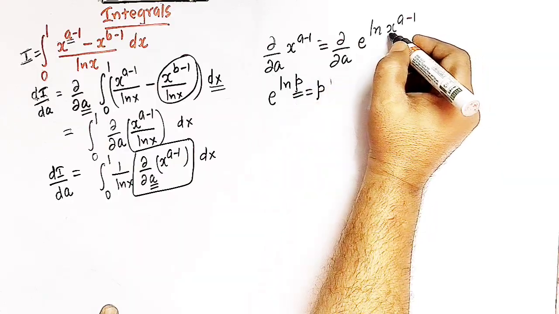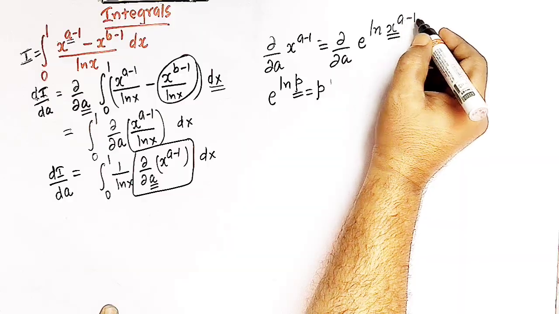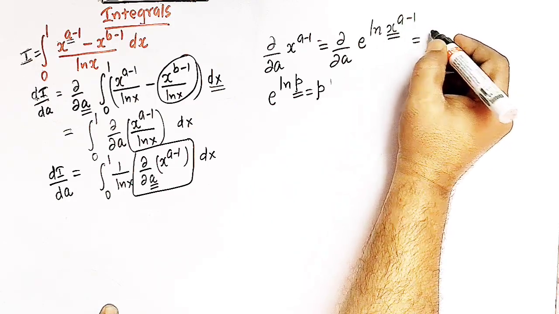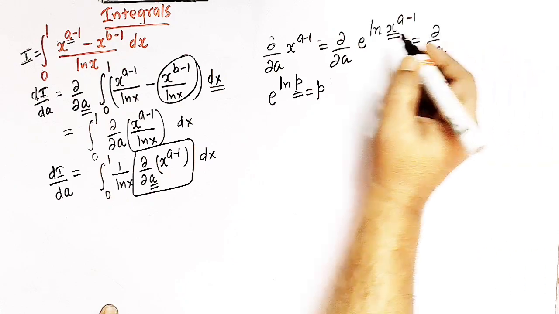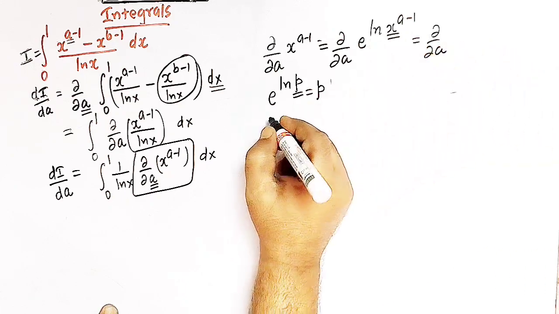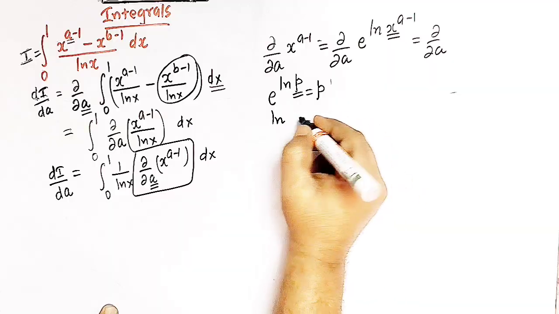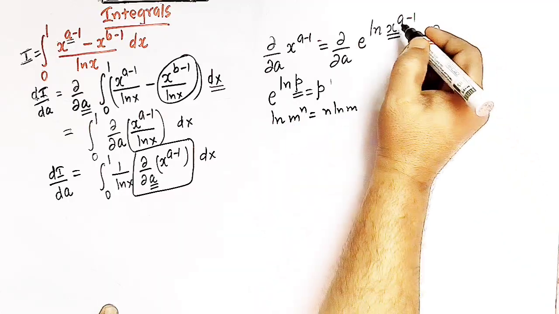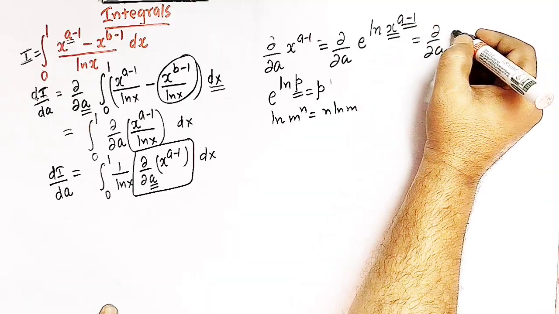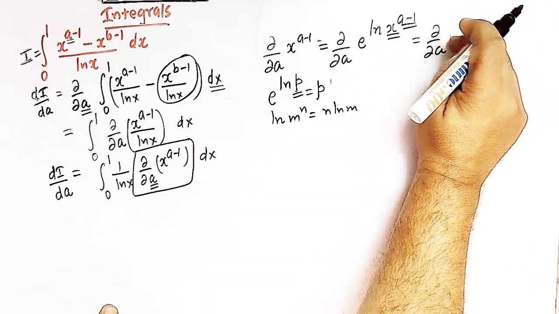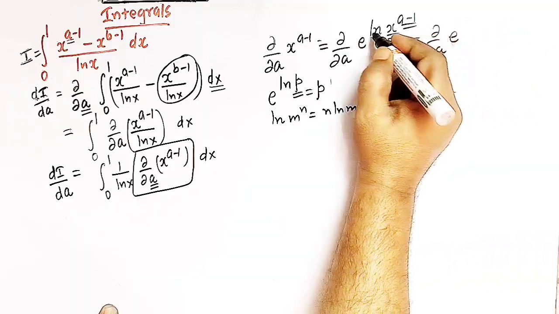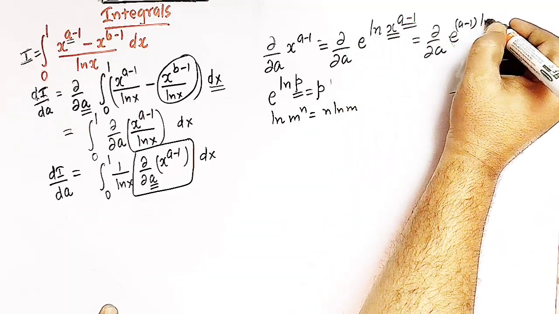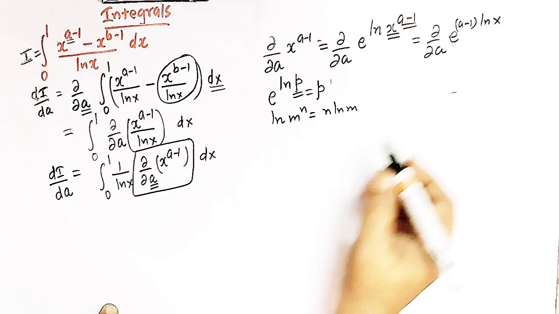So here our p is x raised to a minus 1, right? Okay, so now here we can apply the properties of log, that is log of say m raised to n is n log m. So here we have a minus 1, so we can take a minus 1 in front of the log notation. So we have a minus 1 and natural log of x, right?